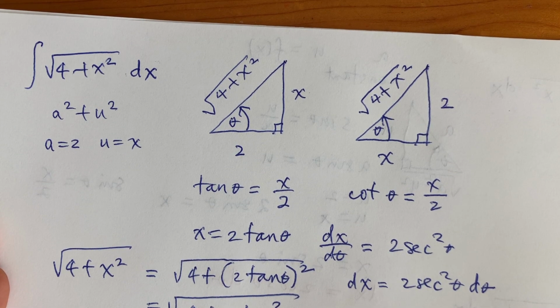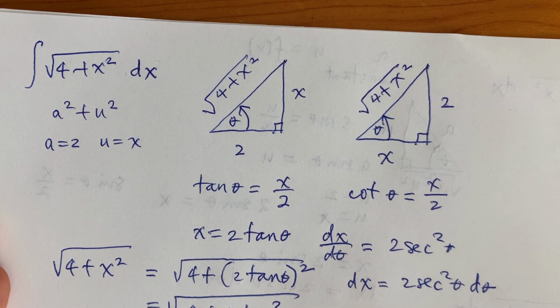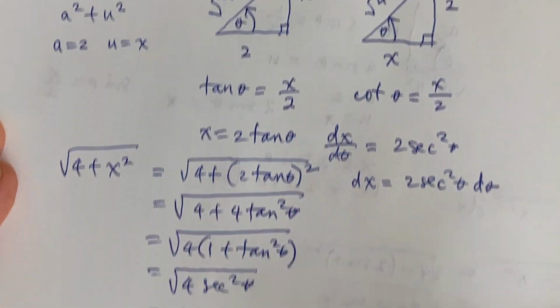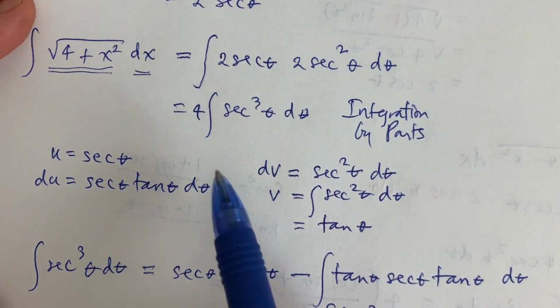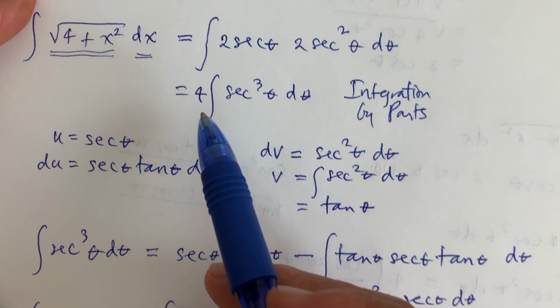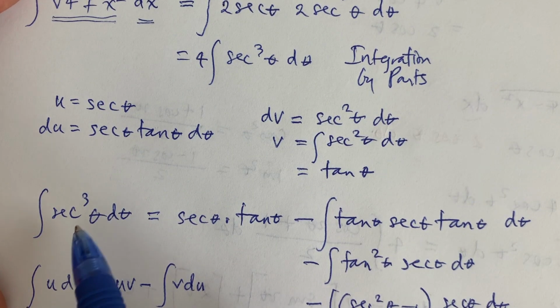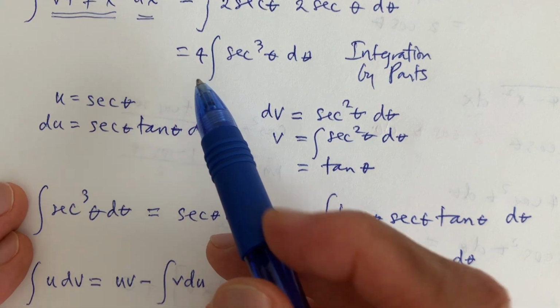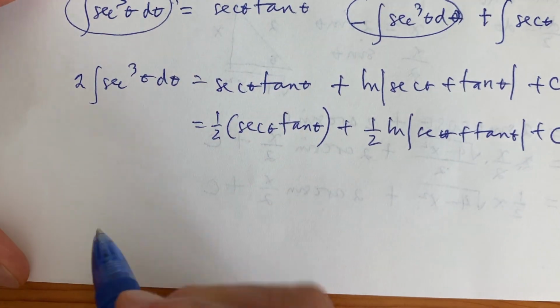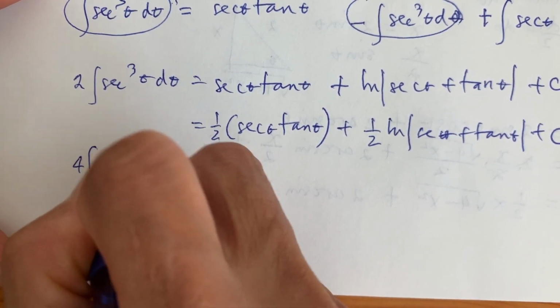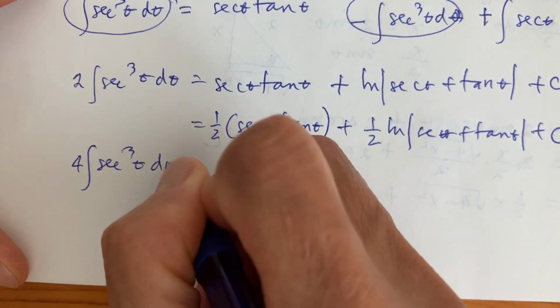So we're now going to rewrite this in terms of x. But we must not forget that earlier we removed that 4, right? We simply focus on secant cube. So we're now going to put back that 4. Here we go. So 4 secant cube theta d theta.